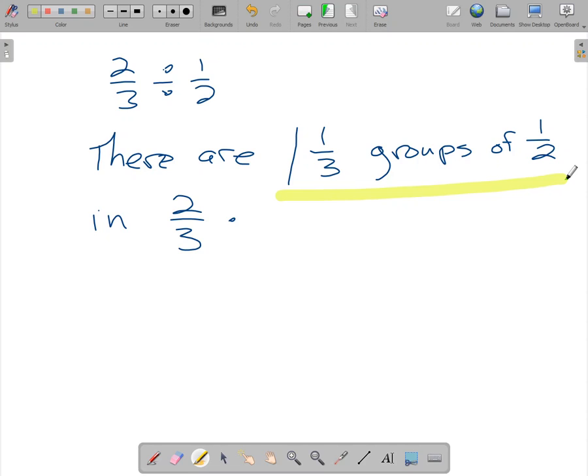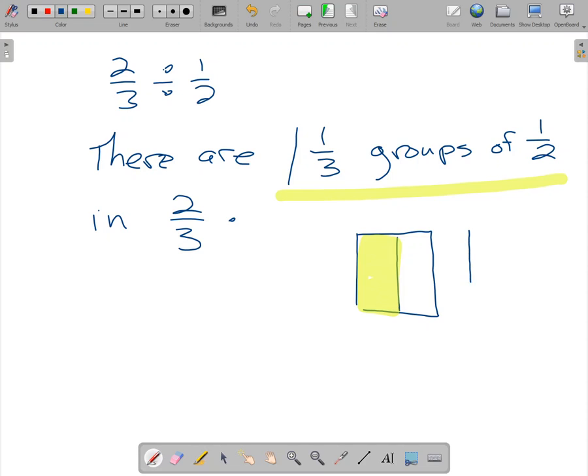Multiplication, yeah. Can I draw 1 1/3 groups of 1/2? Yeah, so I'm going to try to draw that just to double check this. So here's one group of 1/2 right there. And then I need 1/3 of a group of 1/2.